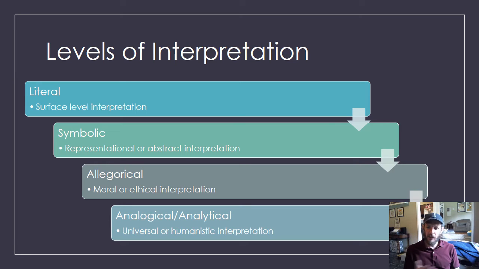So analytical, you can say that the communication is that power is addictive, corruptive, and it's the thing that gets in the way of our being our best selves. Right, so we go from the literal all the way to putting this whole thing together and looking at the context and trying to decide what the universal human communication is.